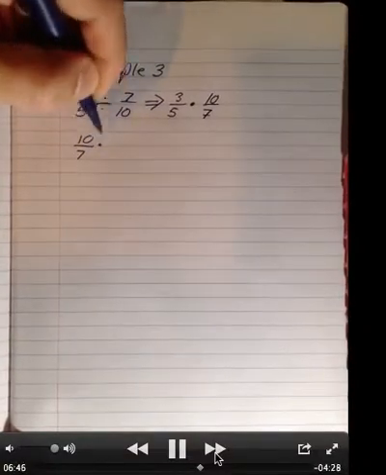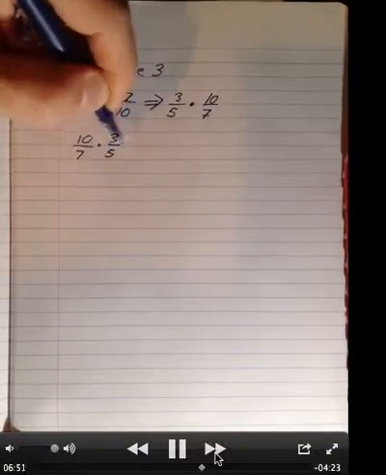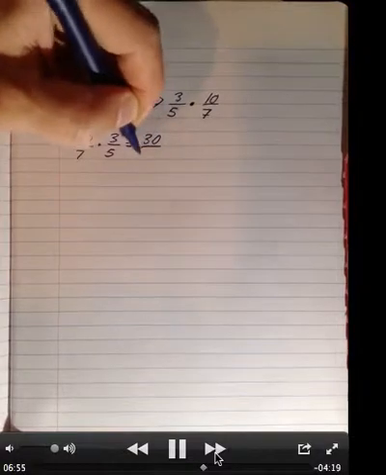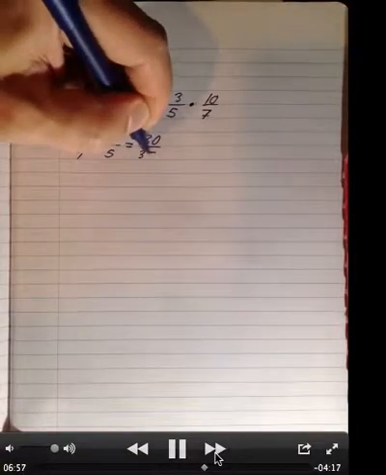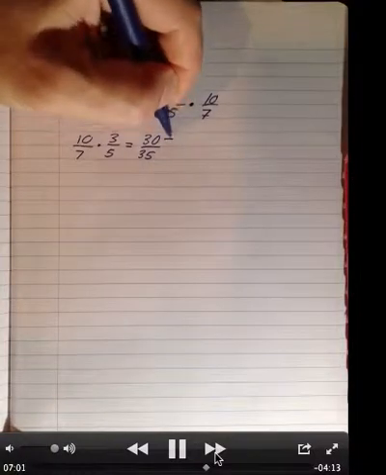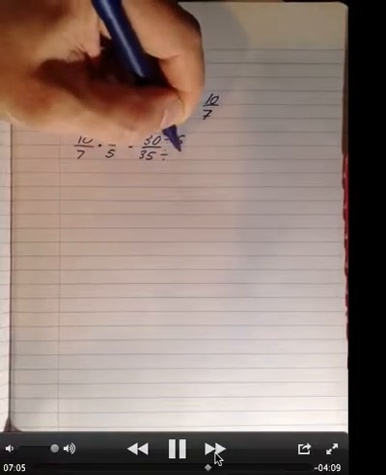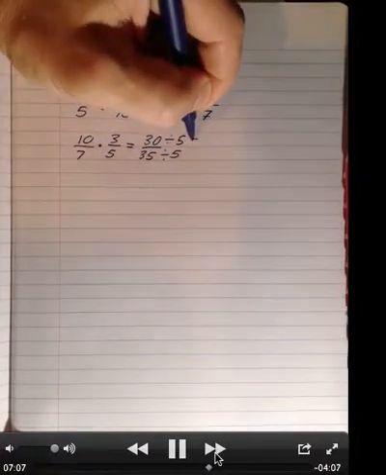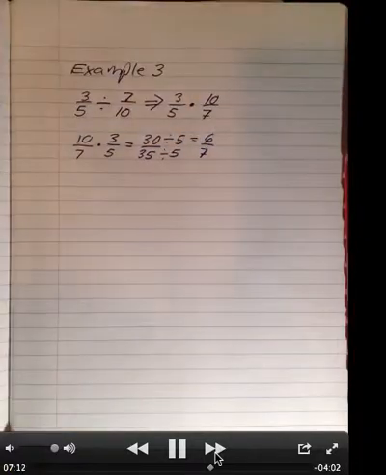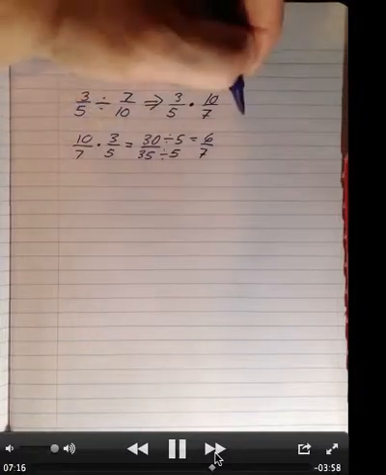So 3 times 10 is 30, and 7 times 5 is 35. That can be simplified by dividing the numerator and the denominator by 5, so it simplifies to 6/7. So 3/5 divided by 7/10 is 6/7.